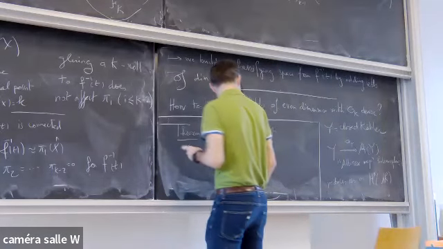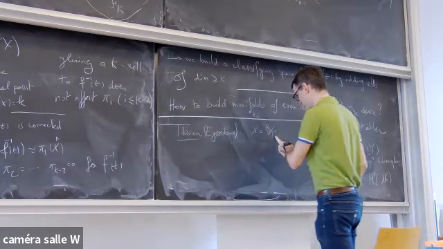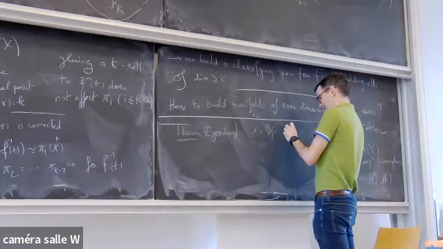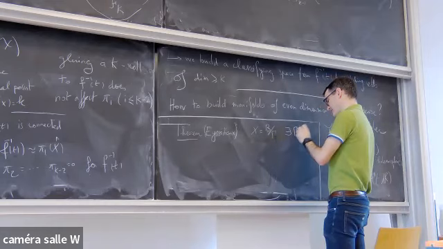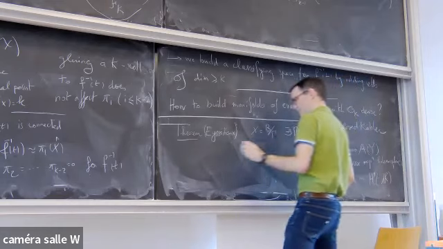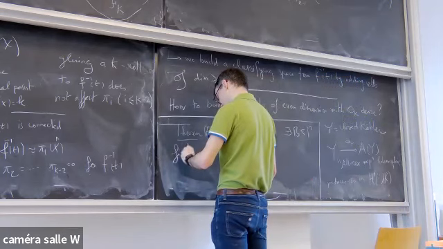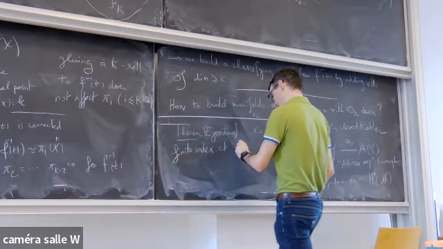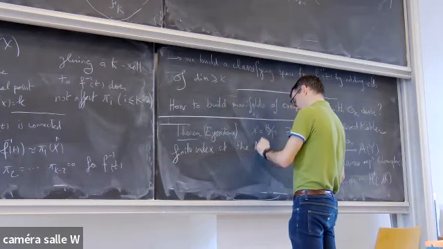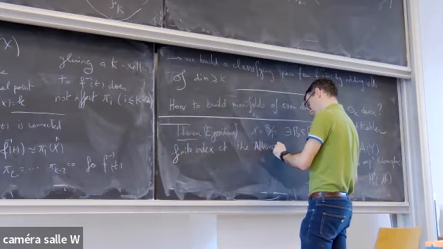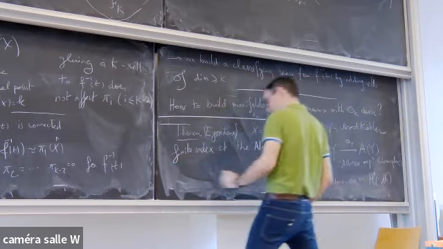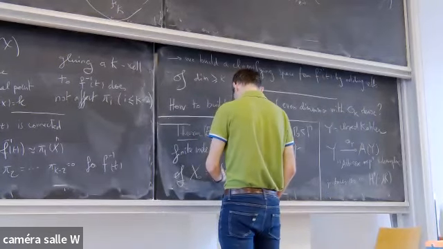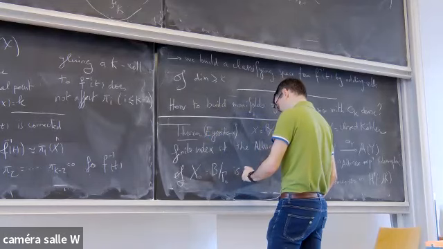And what Delzant proved is that if gamma is as in the beginning, so it's arithmetic, there is a finite index subgroup, or finite cover of X if you wish, such that the Albanese map of this cover is an immersion.